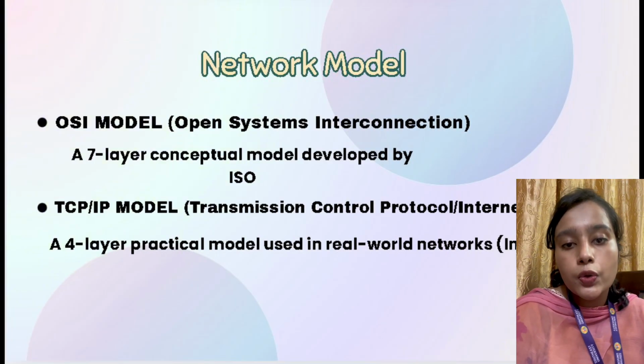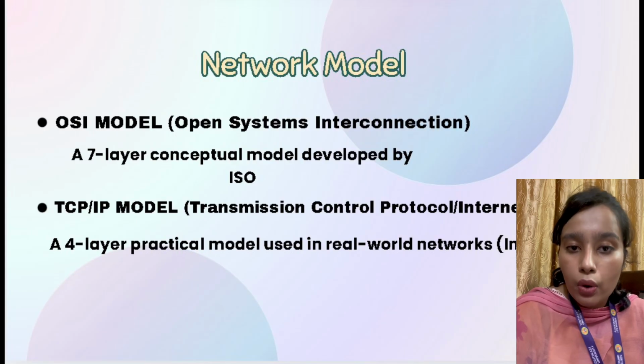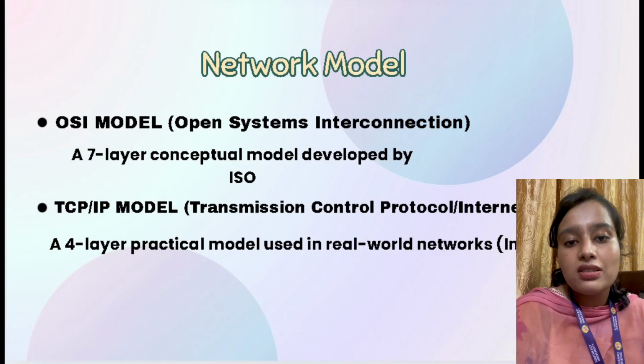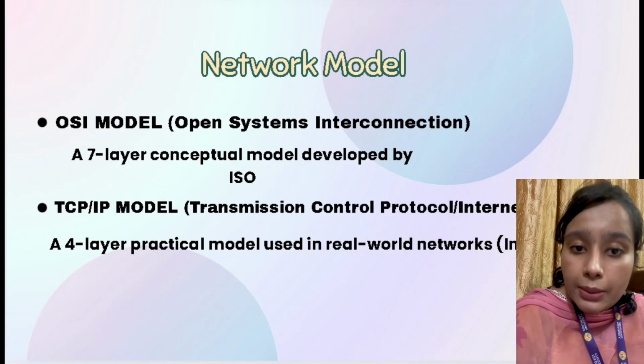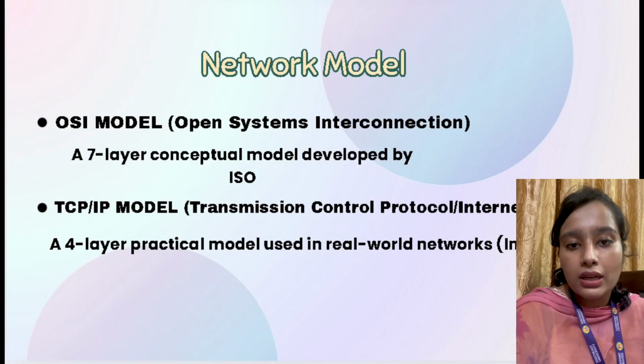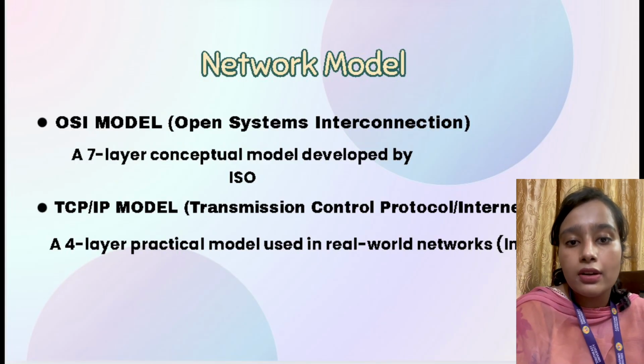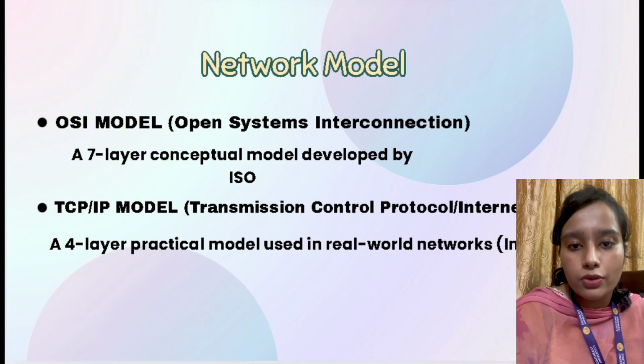There are two main types of network model. They are the OSI model and the TCP/IP model. The OSI model is the Open System Interconnection Model. It has 7 conceptual layers and was developed by ISO.